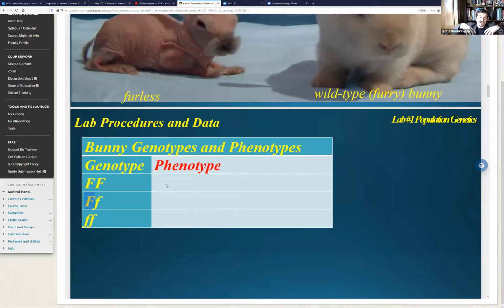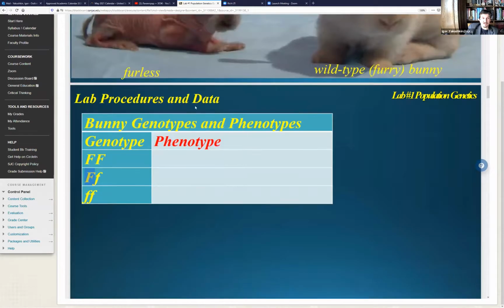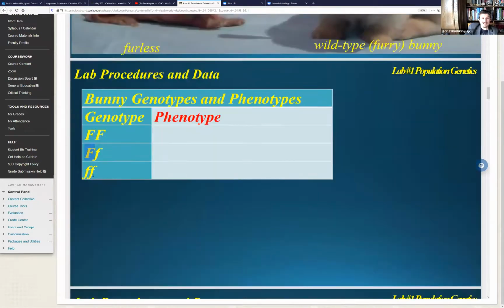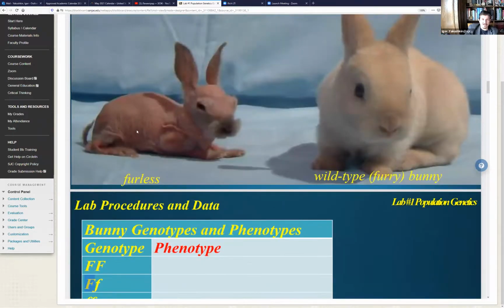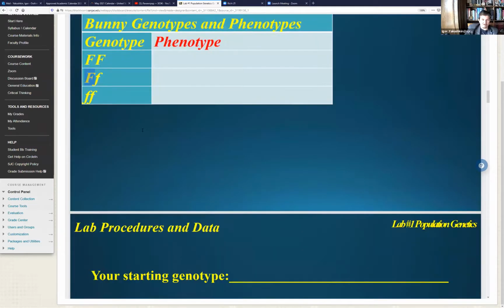Phenotype is how it looks. So this particular bunny could be either homozygous dominant or heterozygous. Unless we're doing some sort of test cross, we cannot tell exactly what its genotype is. On this one, we can tell right away because it's furless, it's lowercase f. It's a homozygous recessive. Any questions on that? Moving on.